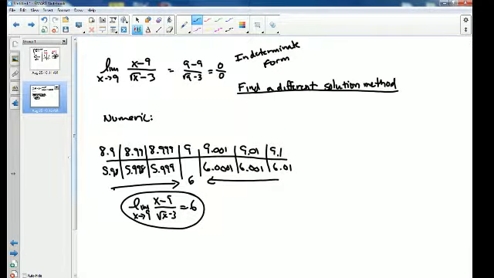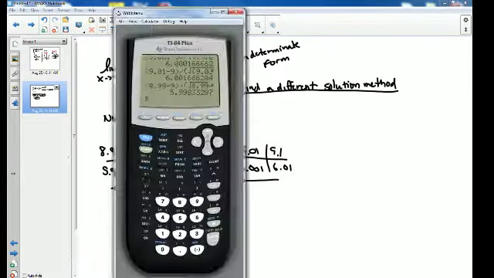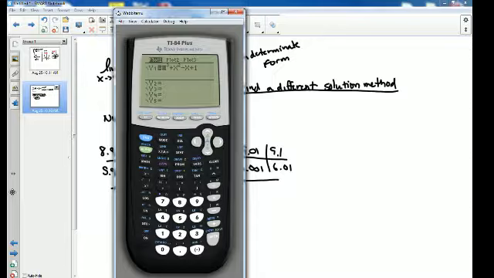You can also do this on the table feature of your calculator. Do you want me to show you that? Yeah. You can do it on the table. Put the function in y equals, plot off. It was x minus 9 over root x minus 3.